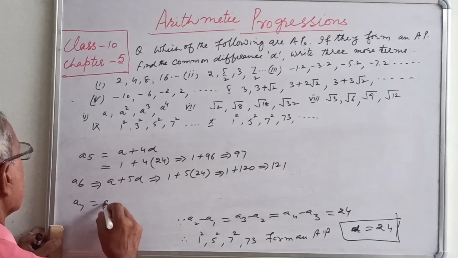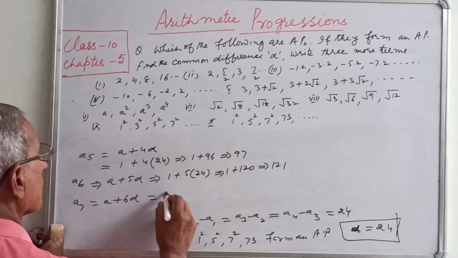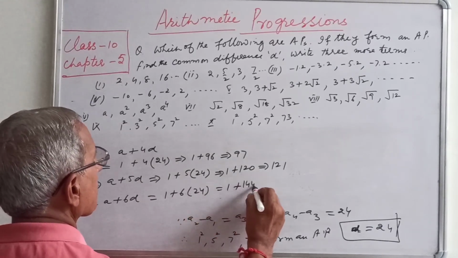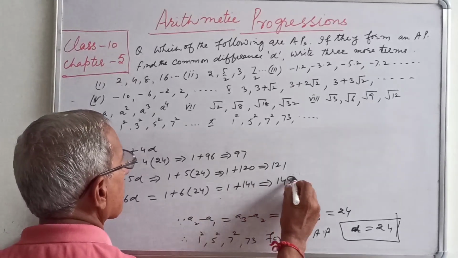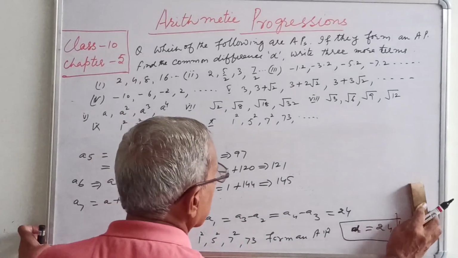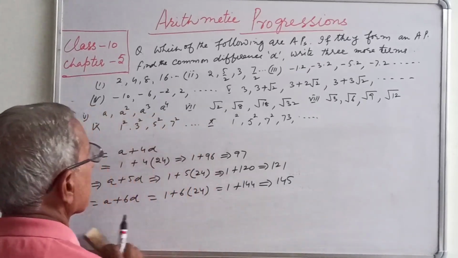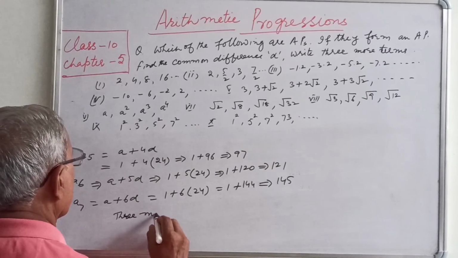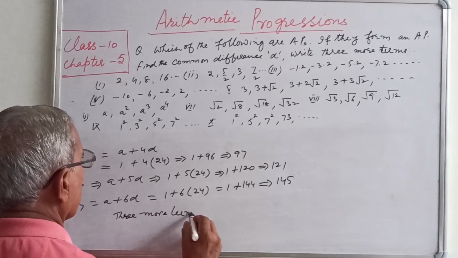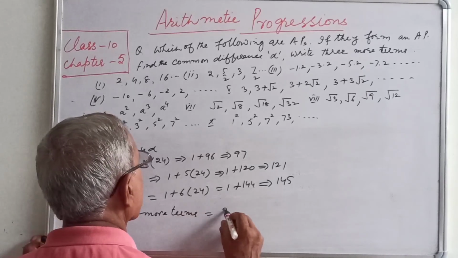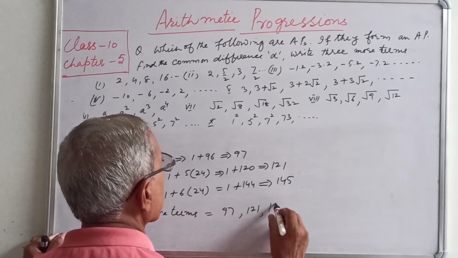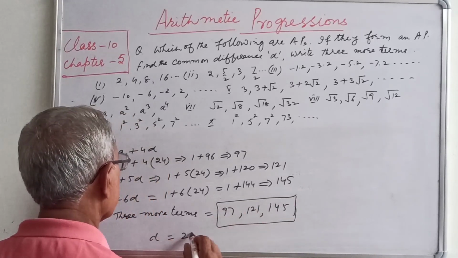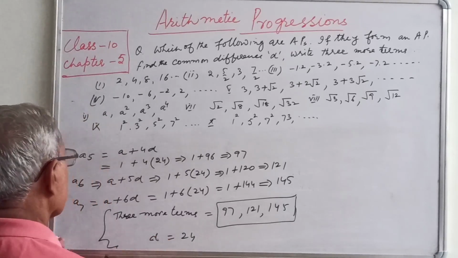A7, A plus 6D, 1 plus 6 into 24, so 1 plus 144, 145. So 3 more terms, A5, A6 और A7 हुई. So 3 more terms for the AP are 97, 121 and 145 और D हमने निकाला था 24. तो ये हुआ इसका क्वेश्चन का आंसर.